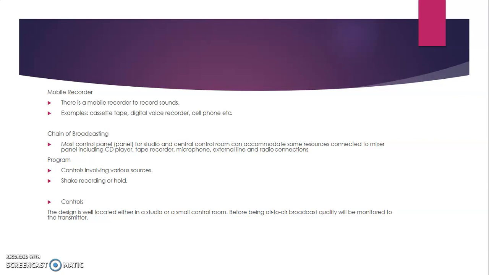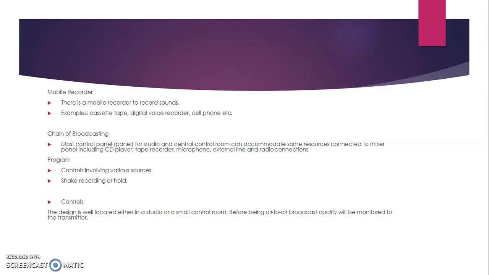The chain of broadcasting is mostly the control panel for the studio, and the central control room can accommodate some sources connected to the mixer panel, including the CD player, microphone, external line, and radio connection, for example.